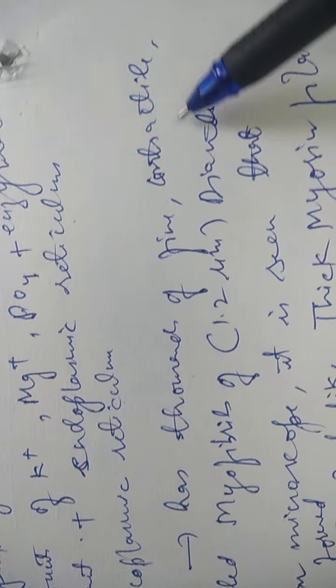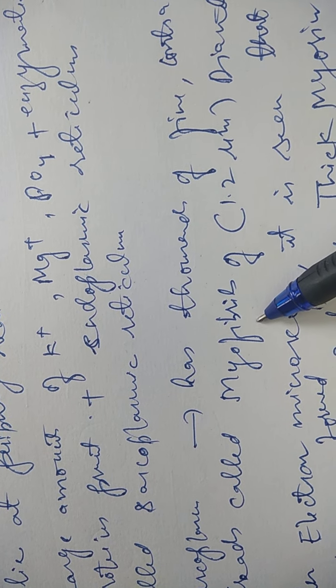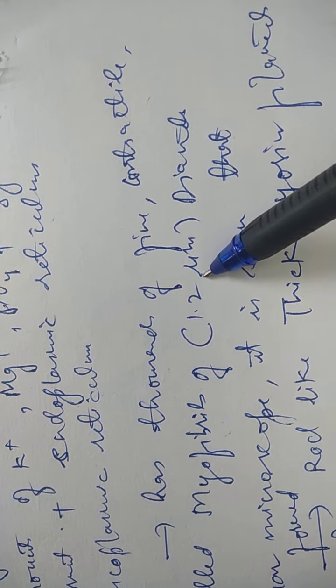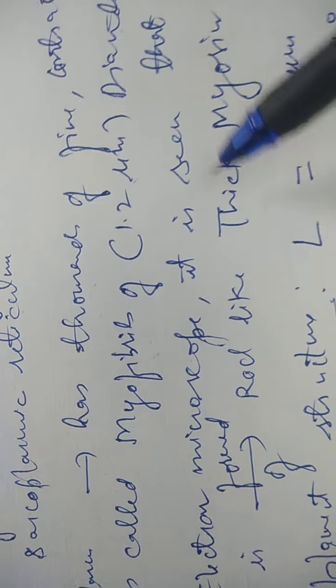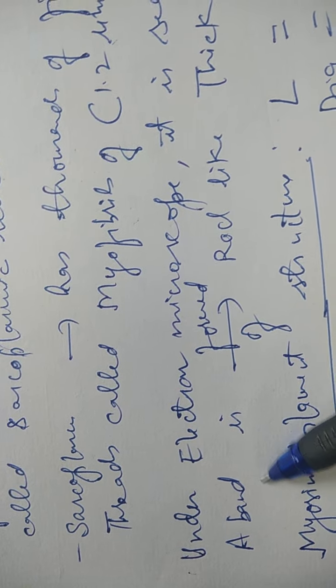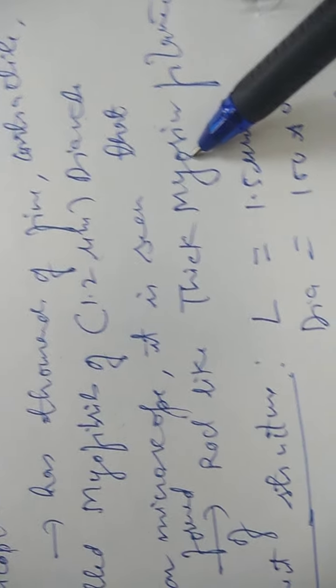Then the sarcoplasm has thousands of fine contractile threads called myofibrils, and their diameter is 1.2 μm. Under the electron microscope it is seen that the A band is formed of rod-like thick myosin filaments.